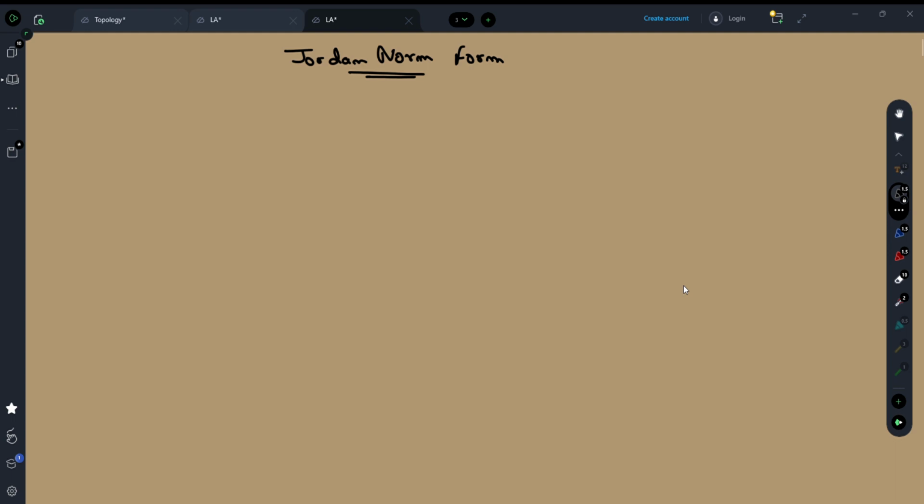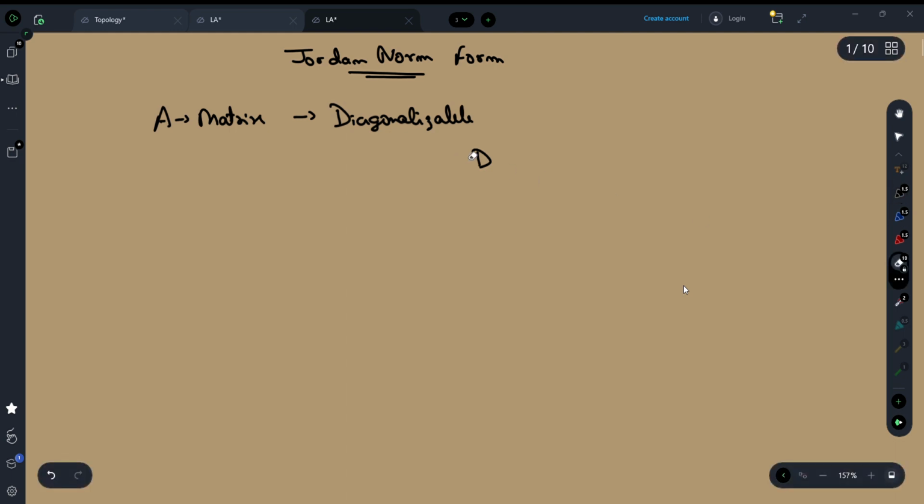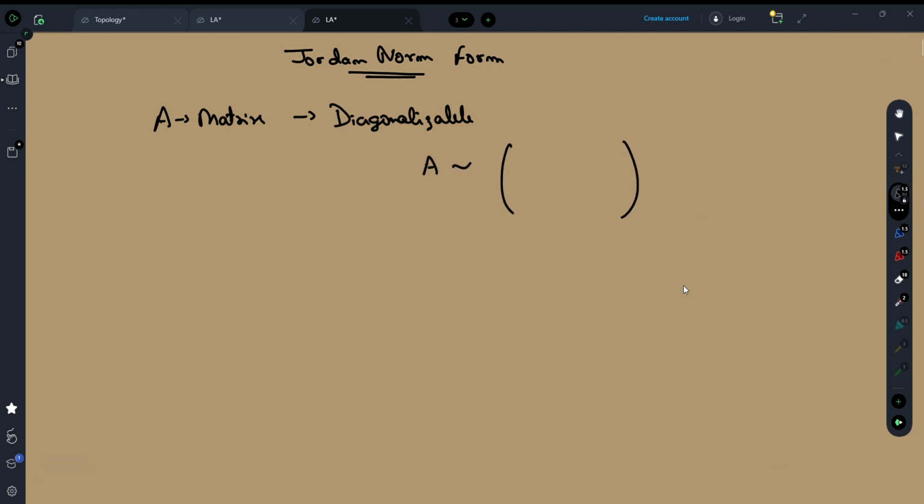For example, we know that if A is a matrix, then we say A is diagonalizable, right? Now, what is the very simple definition of A being diagonalizable? We say that A is similar to a matrix which carries all the eigenvalues of A along its diagonal.